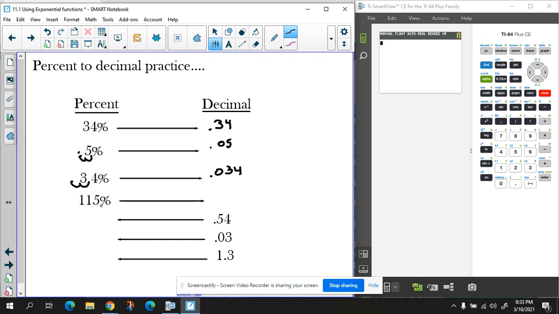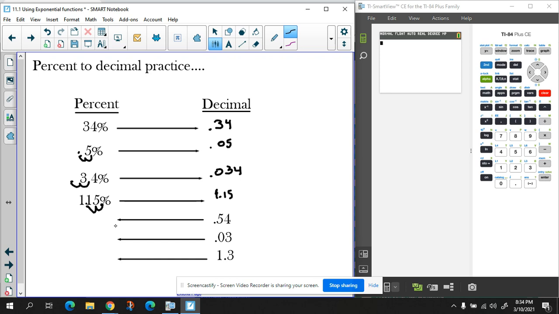115%. Remember the decimal is represented back here in the back, and so if we divide by 100 or move the decimal 2 to the left, it would land in between the 1 and the 1. So 1.15 is the decimal format for 115%.